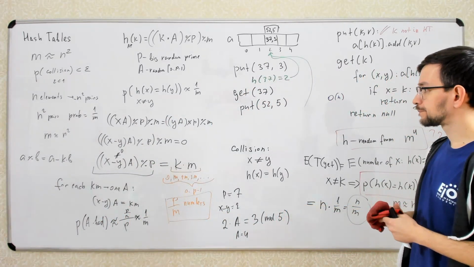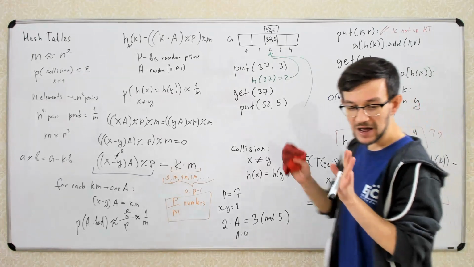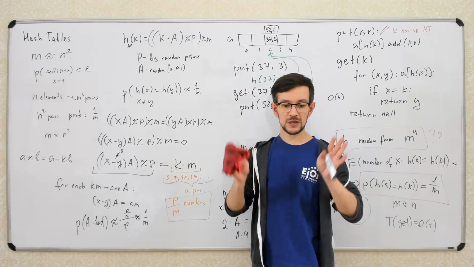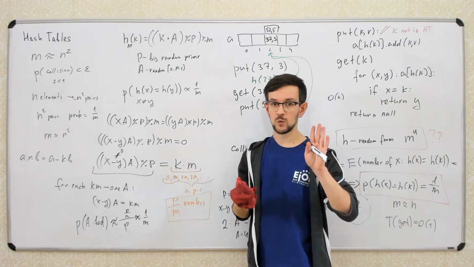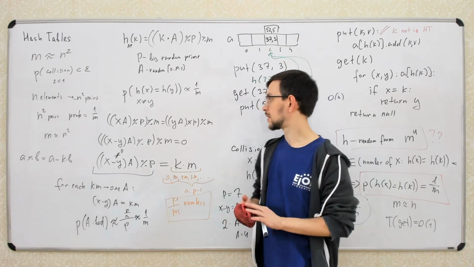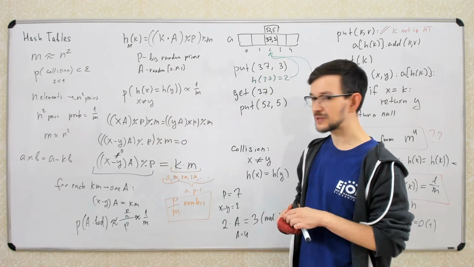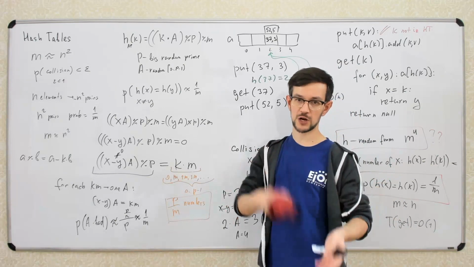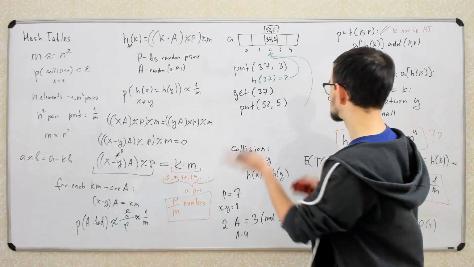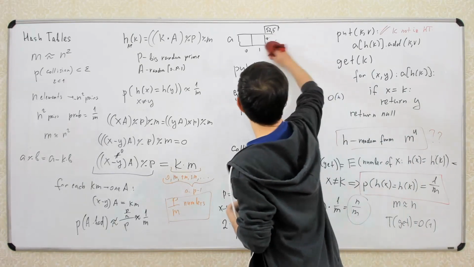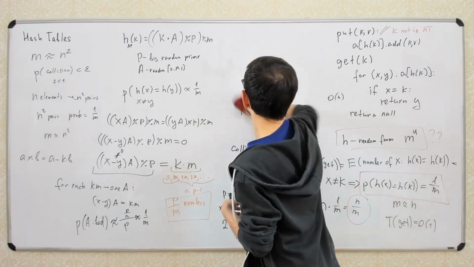And again, you need to be very careful when you work with hash functions, because sometimes you need different properties from your hash functions. For example, let me show you a simple example.